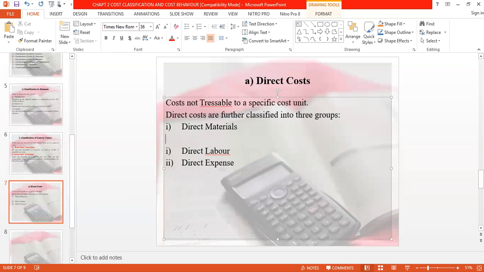So an example of direct materials is timber in chairs.